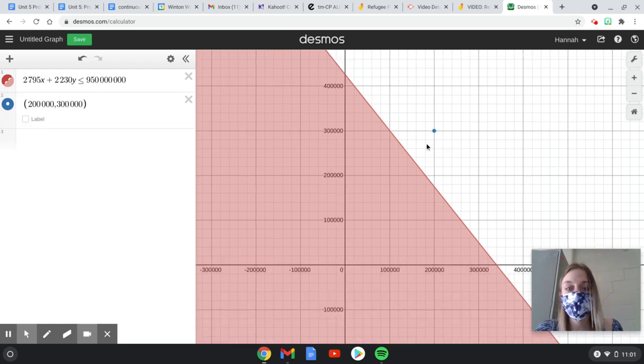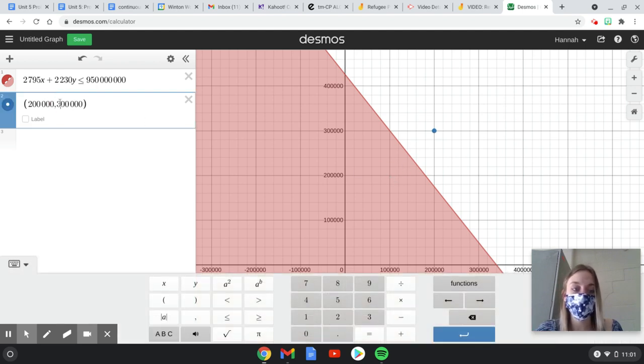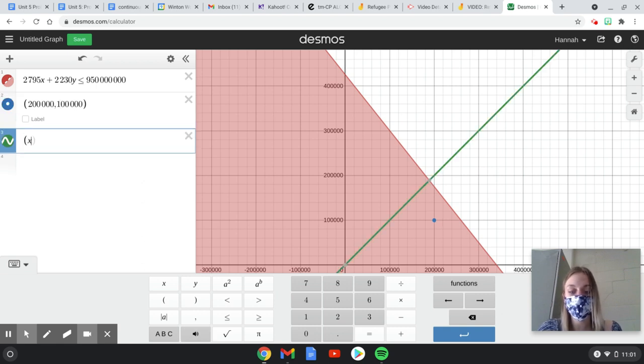So let me pick a different y value. Maybe I'll do 200,000 instead of 300,000. It's close, but not quite there. Let me try 100,000. That does bring me within my triangle. Great, so I have a point that's now within this triangle, so it satisfies the inequality.